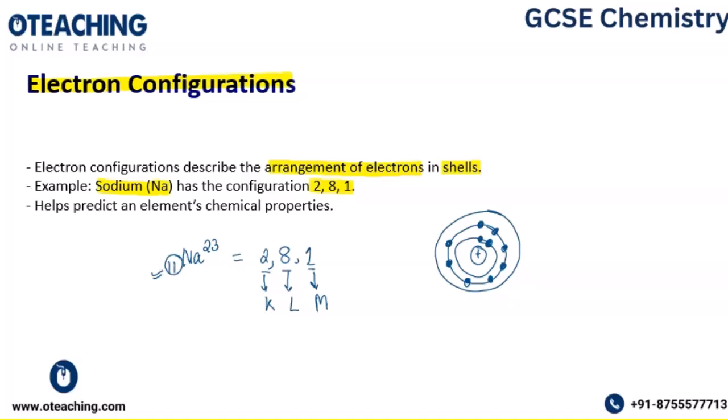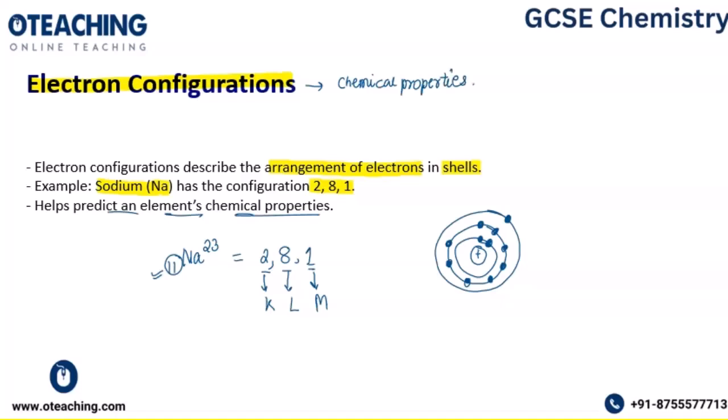And in the last shell, that is the M shell, only 1 electron is there. So this is how we write the electronic configurations of different elements. It helps us to predict an element's chemical properties. Through electronic configurations, we can get to know about the element's chemical properties.